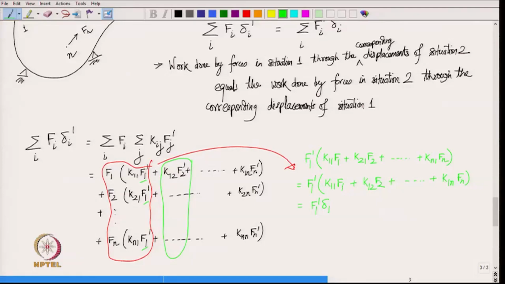So, likewise, when you collect all the coefficients, you simply get the right hand side as summation over i of f_i prime into delta_i. So, that is your reciprocal theorem.